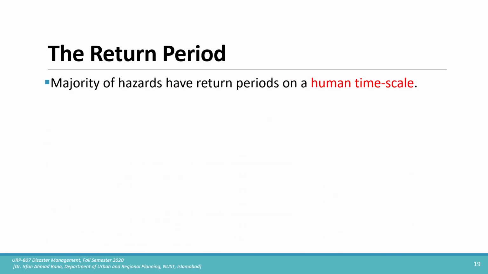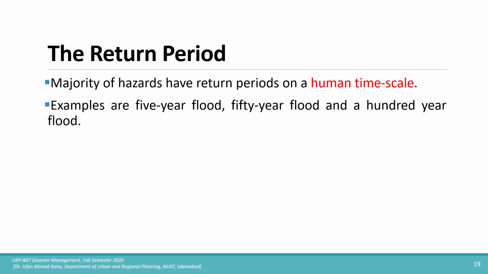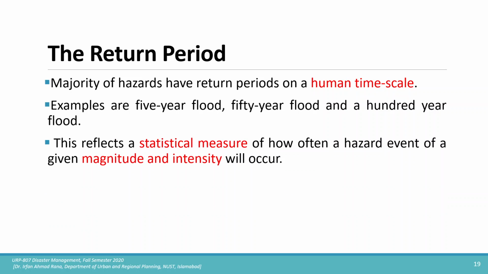They are usually measured in human time scale. For example, a flood with a 5-year return period, a flood with a 50-year return period, and a flood with a 100-year return period. So basically, we are measuring the magnitude and intensity and when it will occur.